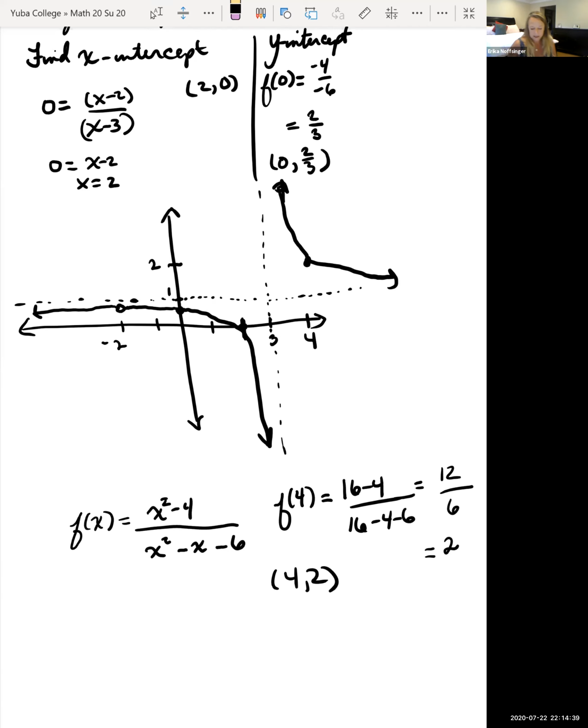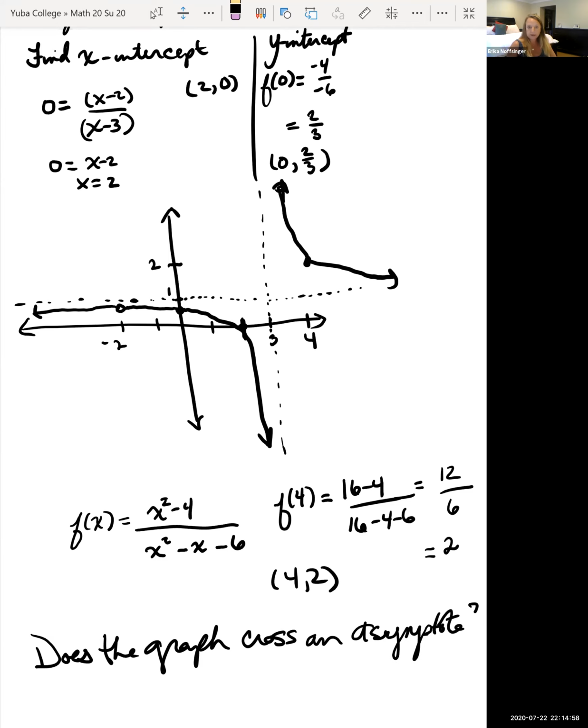So I may ask you, does the graph cross an asymptote? Just like I stated before, it can't cross a vertical asymptote ever, because it's undefined there.